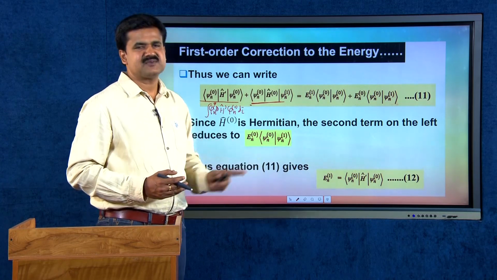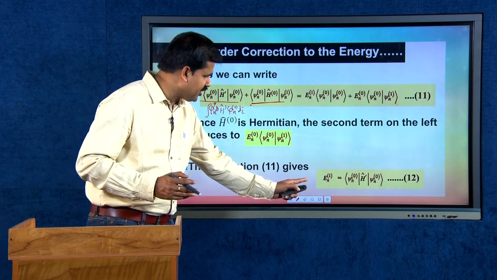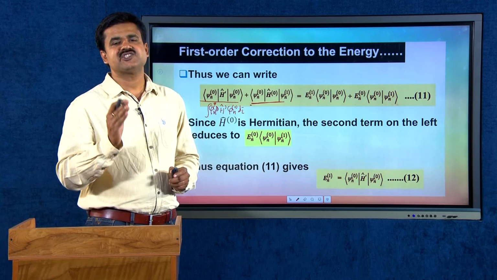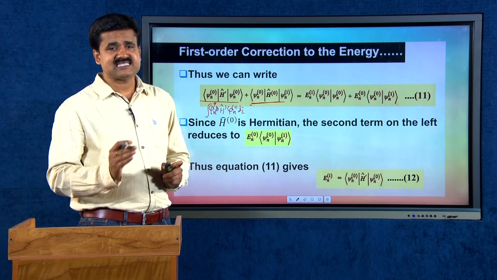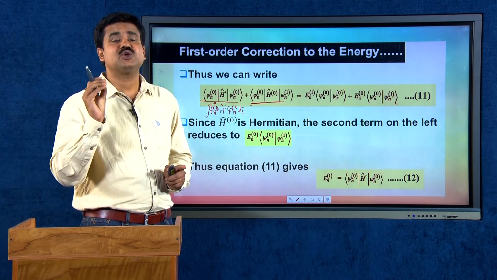En1 represented by equation 12 represents the first order correction to energy.